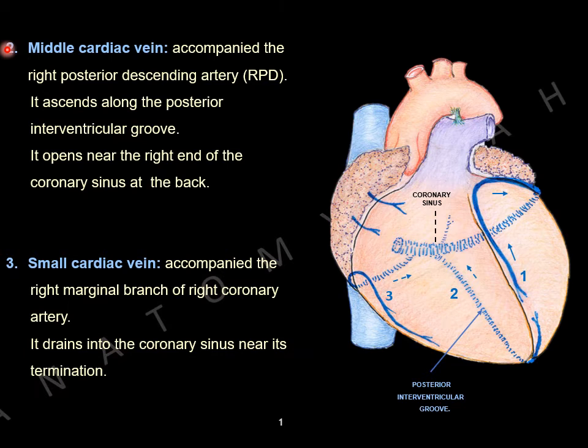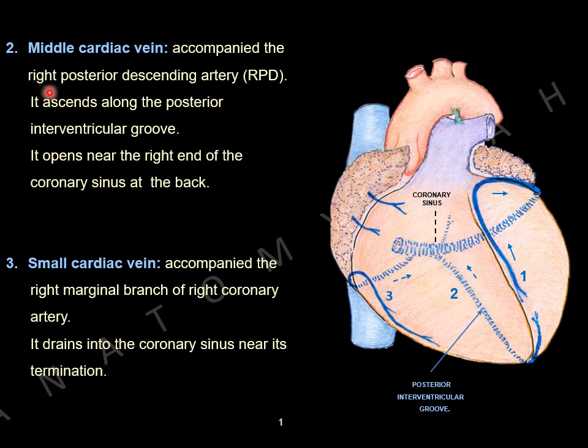Next tributary of the coronary sinus is number 2, middle cardiac vein. Let's look at the heart. Here you will see at the back of the heart will be posterior interventricular groove, where the branch of the right coronary artery, right posterior descending artery will be coming down here.